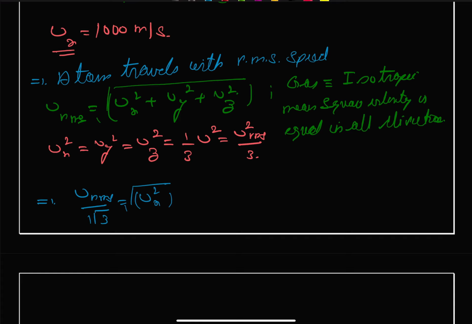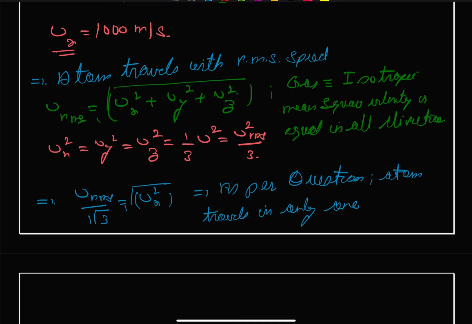But in the question it specifically mentions that the atom travels with the root mean square speed in only one direction. As per the question, the atom travels in only one direction, which is positive x.